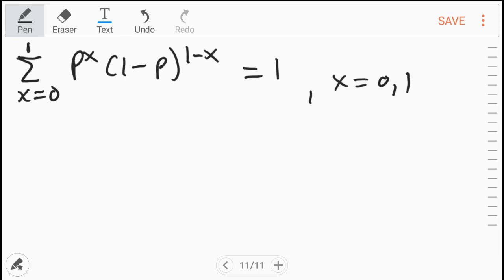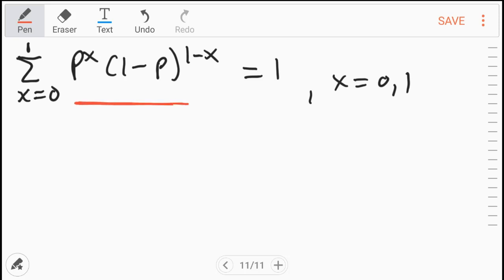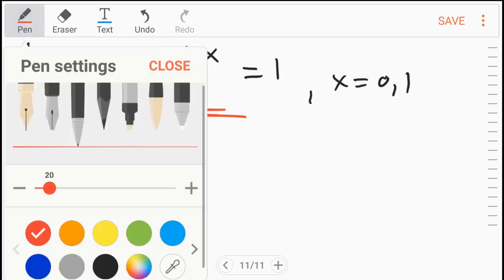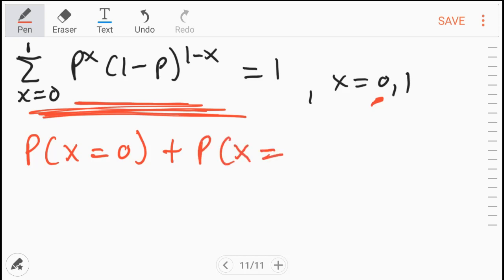Now because we are summing from 0 to 1, it means that our summation of p to the power x, 1 minus p to the power 1 minus x from 0 to 1 can be written as P of x is equal to 0, because we are starting with 0 first, plus probability of P of x is equal to 1.